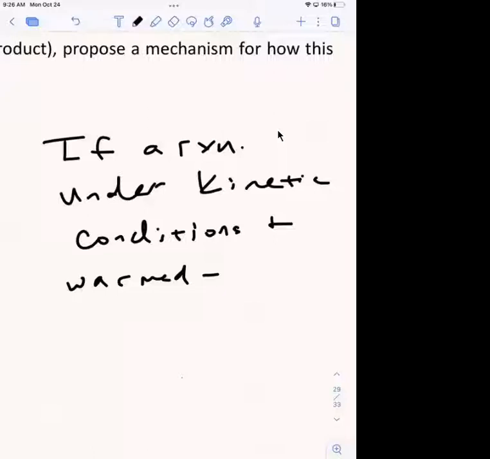For this reaction, addition of HX to a conjugated diene, if it's low temperature, you assume that it's under kinetic conditions. If it's at higher temperatures, then you assume it's under thermodynamic conditions. Did that answer your question?